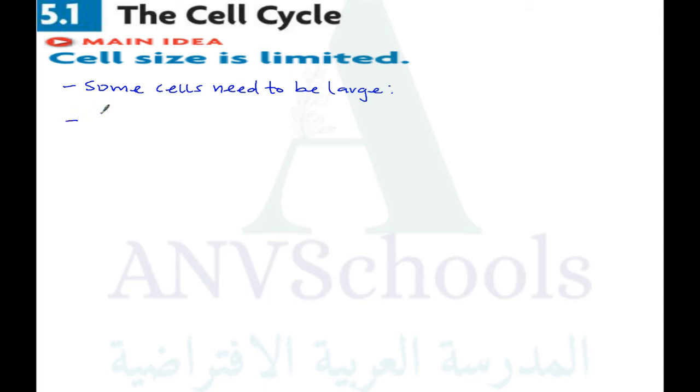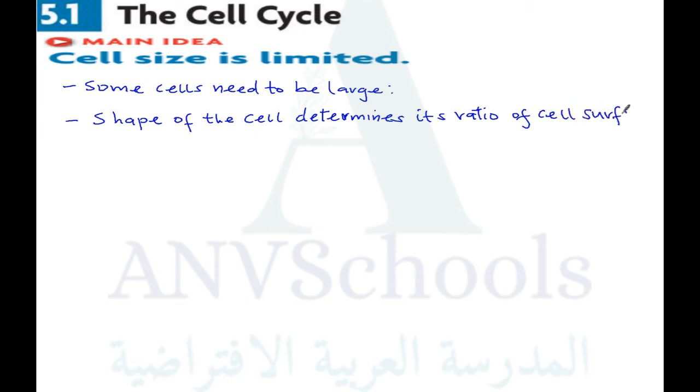So actually, the shape of the cell determines its cell surface area to volume ratio.